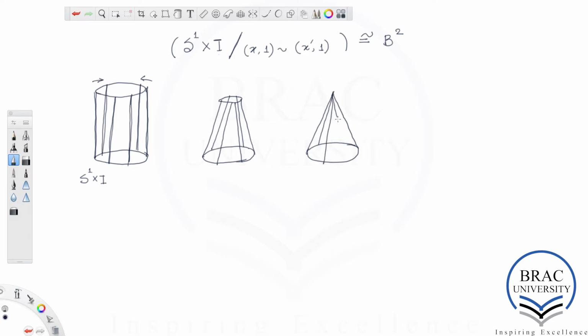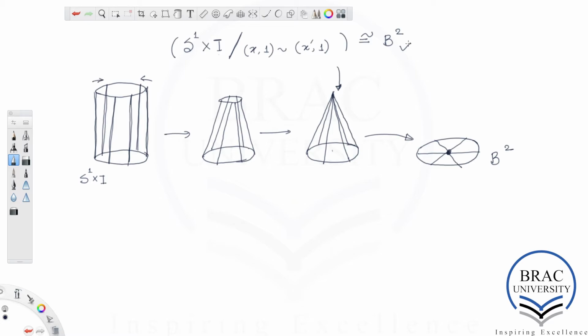And the position of those vertical lines is now like this, right? Okay. Now we are smashing the tip of the cone to the center of this ball to get a unit ball, something like this, which is B2. Okay, so this picture intuitively gives you an idea how this homeomorphism works.